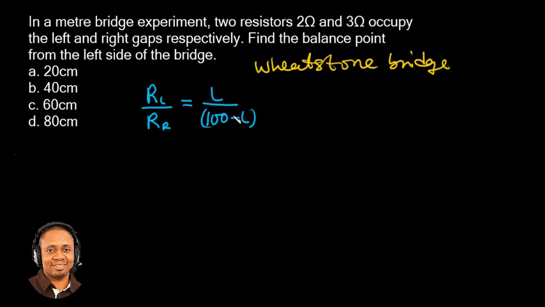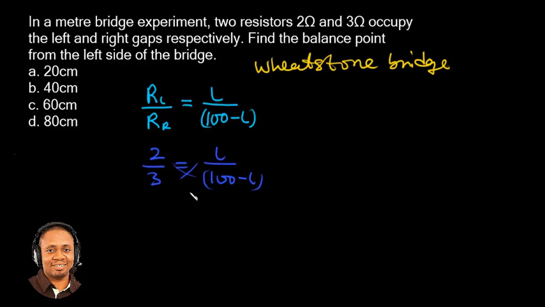Okay, good. So now we're going to substitute the values. The resistance to the left, we're given, is 2 ohms, so we have 2 over the resistance to the right, that is 3, equals L over (100 minus L).